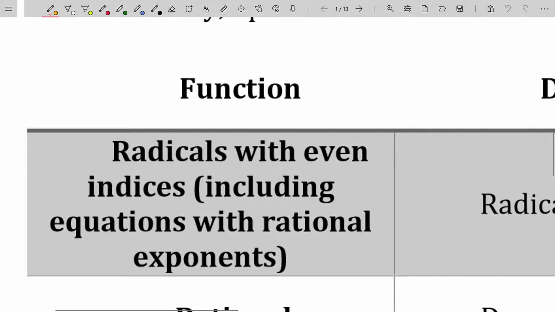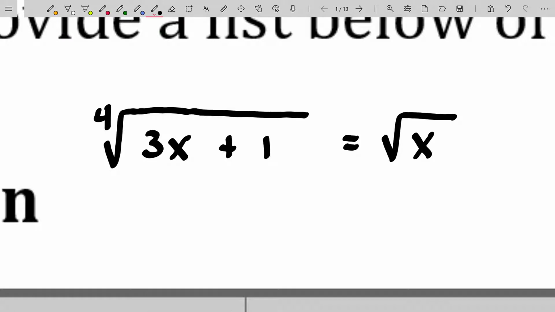And let me just remind you what I mean by radicals with even indices being involved in equations. It would be something like that. Both sides of this equation have radicals with even indices. If you're missing an index, obviously that's just going to be a second index right there. So there is a restriction.